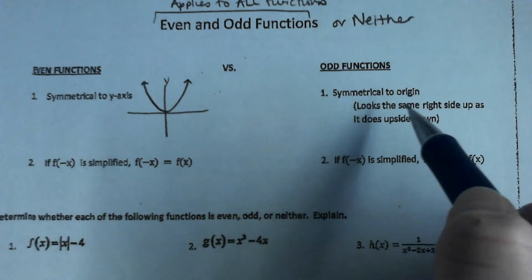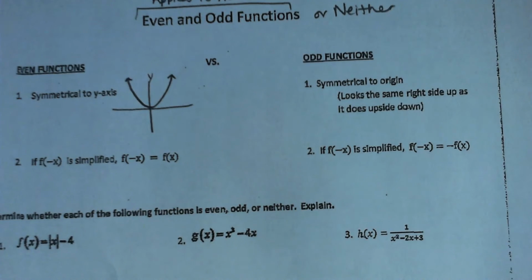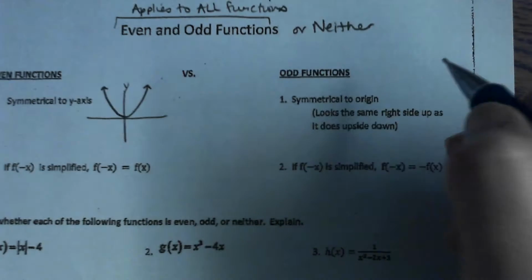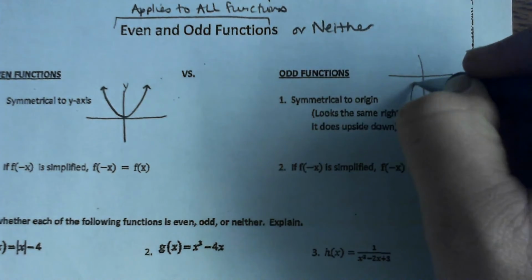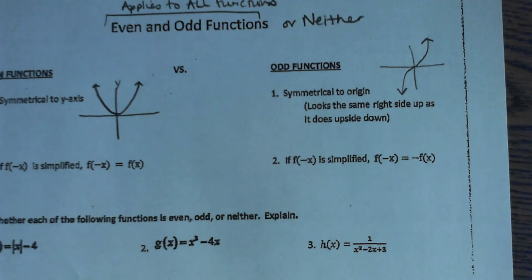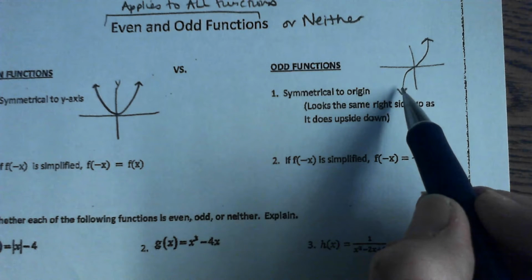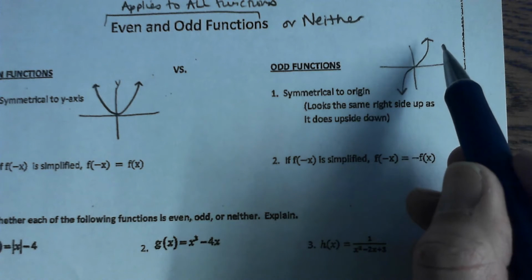Odd functions are symmetrical to the origin, and what that means is that if you flipped it upside down, it will look the same. So for example, back graph. See how that starts in quadrant 3 and kind of wiggles through the origin and ends up in quadrant 1?